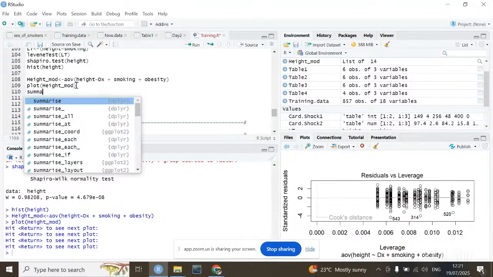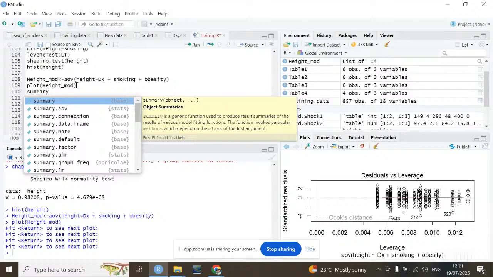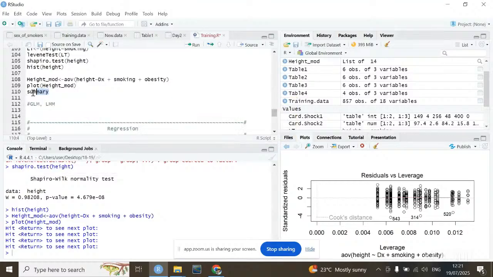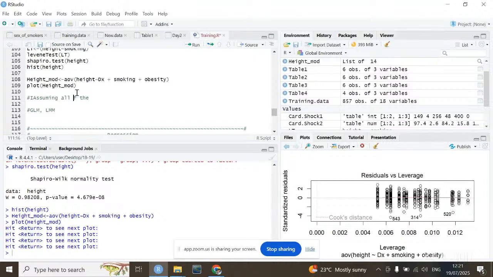You just get the summary, assuming all the assumptions of the ANOVA are obeyed.